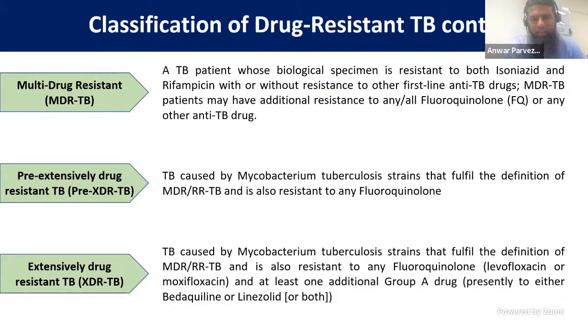Then XDR is another term which is used, which means resistance to INH and rifampicin, which is MDR, and also resistance to any fluoroquinolone like Levoflox or Moxiflox, and at least one additional group A drug, presently either bedaquiline or linezolid, or both. So at least one group A drug.